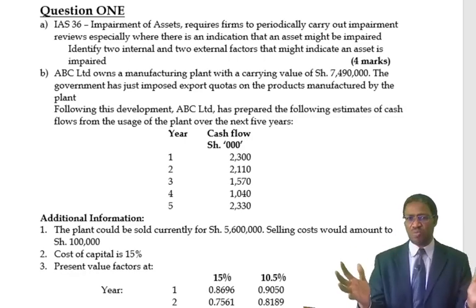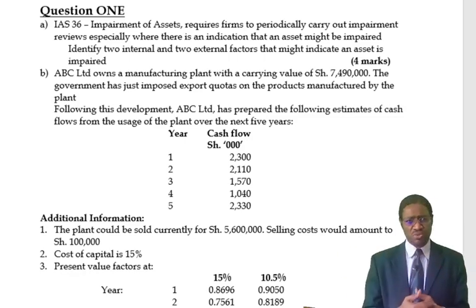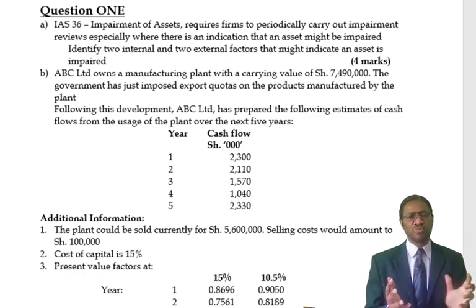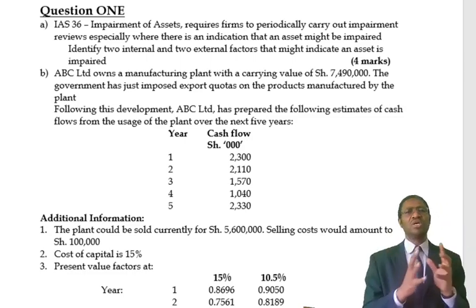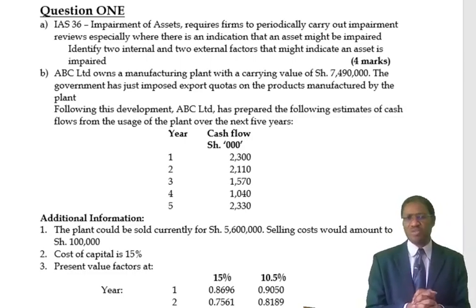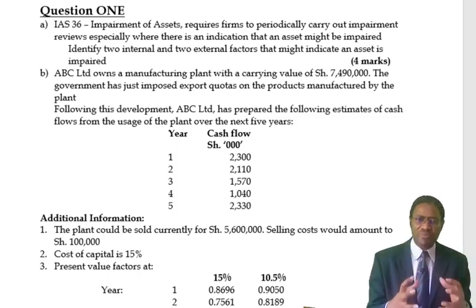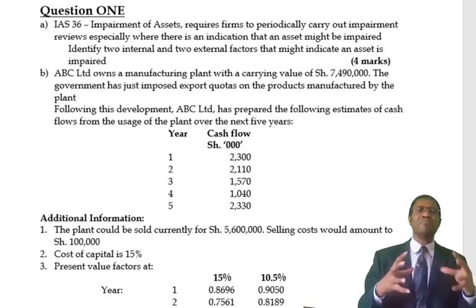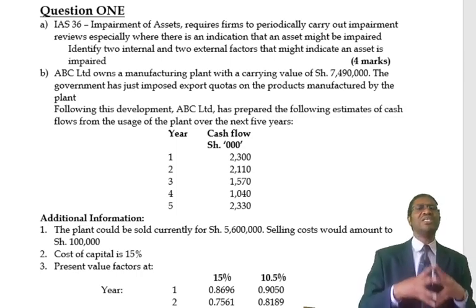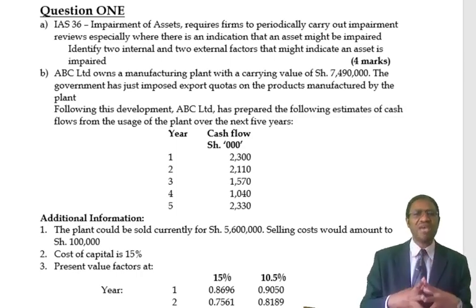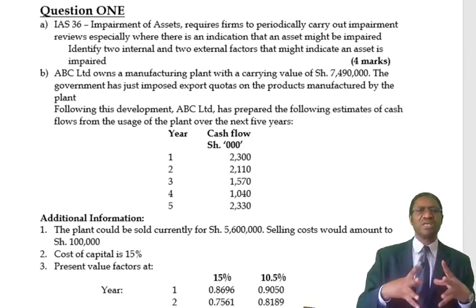When we finish the topic, we shall have to discuss those points. But it's a general question that even if you have not been taught, you should be able to come up with some indicators that might indicate to your company it's time you test whether your assets have suffered an impairment loss or not.